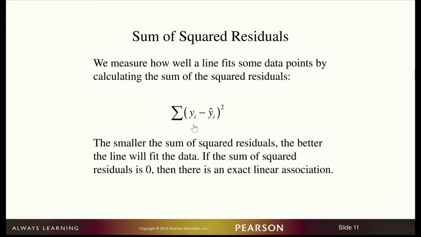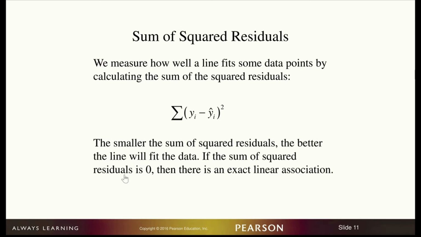That's why instead of just finding the sum of all the residuals and then finding the minimum of such values, what we do is we square them first. That makes sure that all those differentials are going to get squared and therefore become positive, so we don't run into the problem of them canceling each other out and zeroing out. So that's why we take the sum of the squared residuals first.